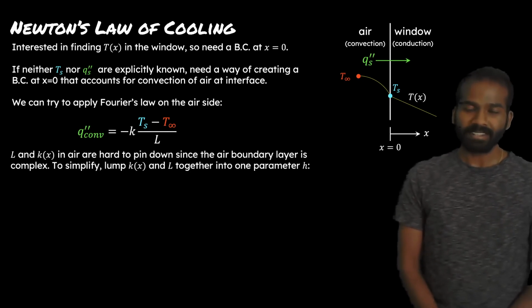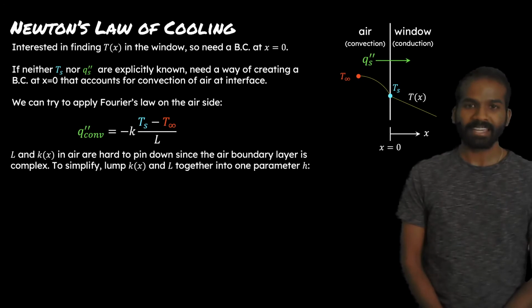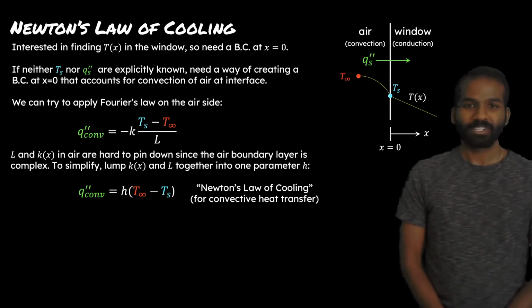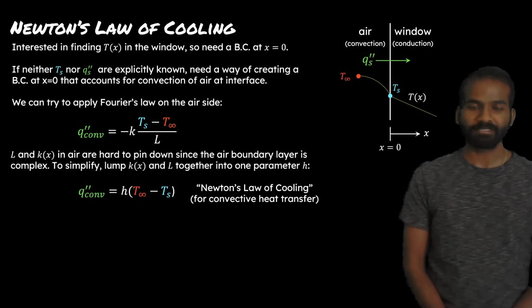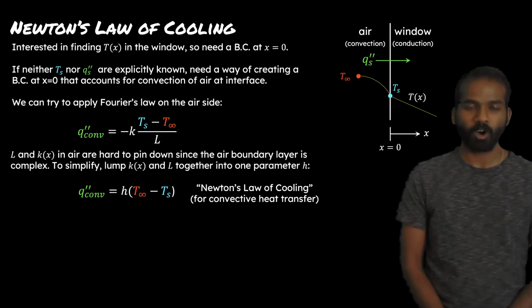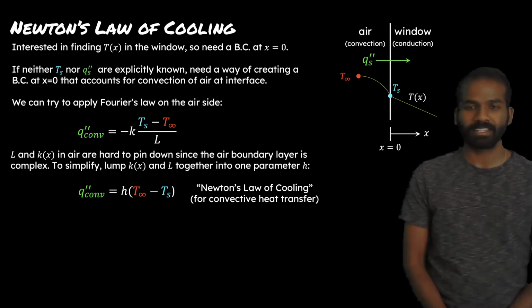So we can instead choose to lump k and L together into one parameter h. We define then this quantity h, and we have q double prime convective equals h times the quantity of T infinity minus T sub s. All we've done here is combine k divided by L into one parameter h, and we've absorbed the negative sign into the expression in the parentheses.